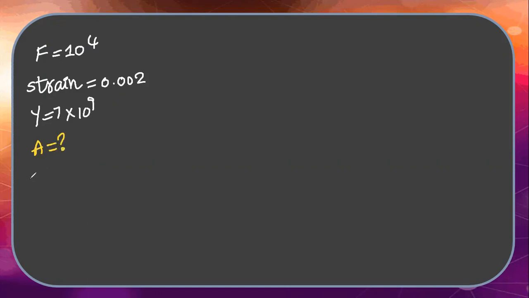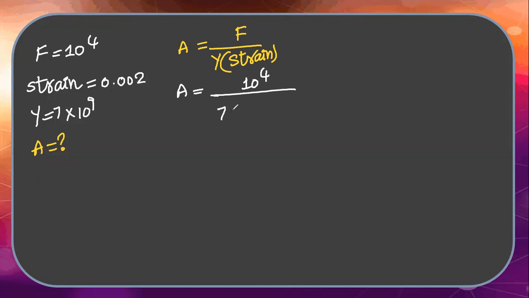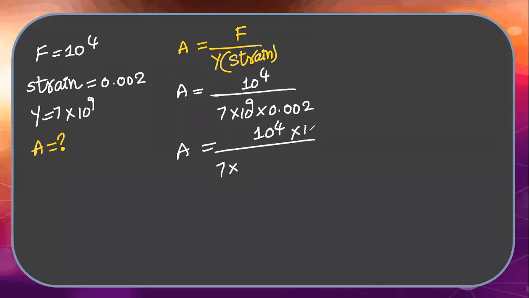What is that? Area A is equal to F divided by Y into strain. So area A is equal to 10 power 4 divided by Young's modulus 7 into 10 power 9 into strain 0.002.